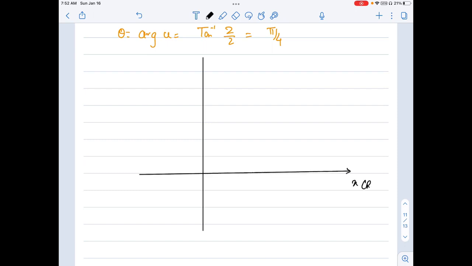X-axis is going to be my real axis and y-axis is going to be my imaginary axis, and this is the origin. 1, 2, 3, then minus, then on the y-axis 1, 2 and 3, minus 1, minus 2. Where is 1? 1 is over here, 1 comma 0.